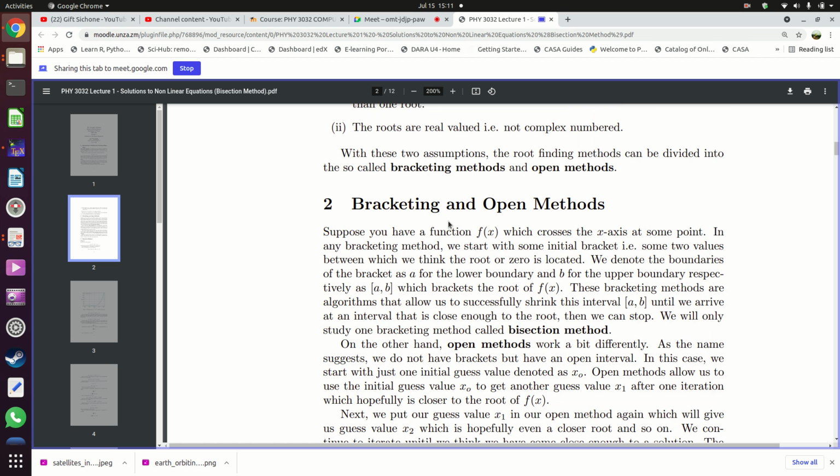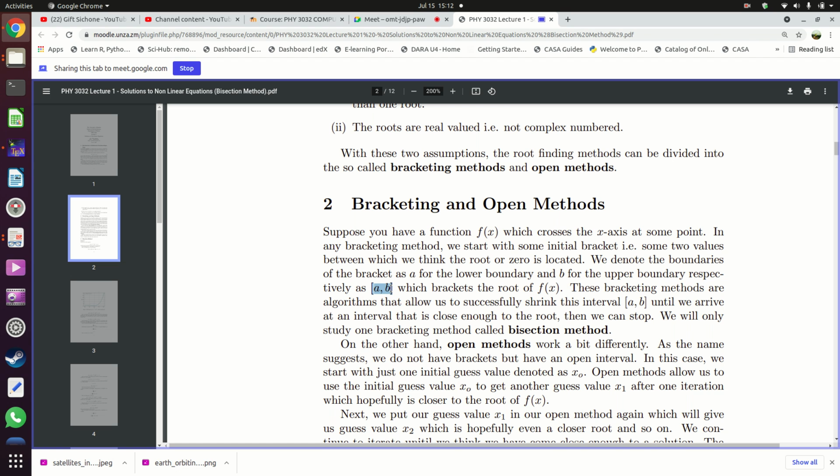Now, when you talk about bracketing methods, basically you have a very good idea that this particular function you're interested in, f of x, cuts the x-axis somewhere at some point. So what you do is you choose a bracket. This bracket is going to have a lower end and an upper end. So you choose a bracket AB, where A is the lower end of the bracket and B is the upper end of the bracket.